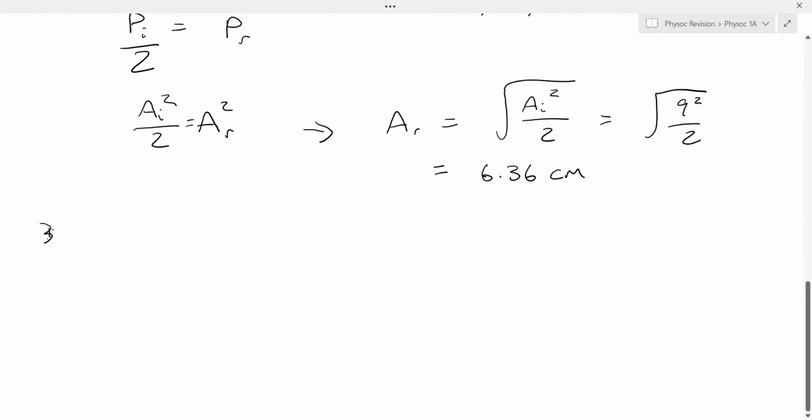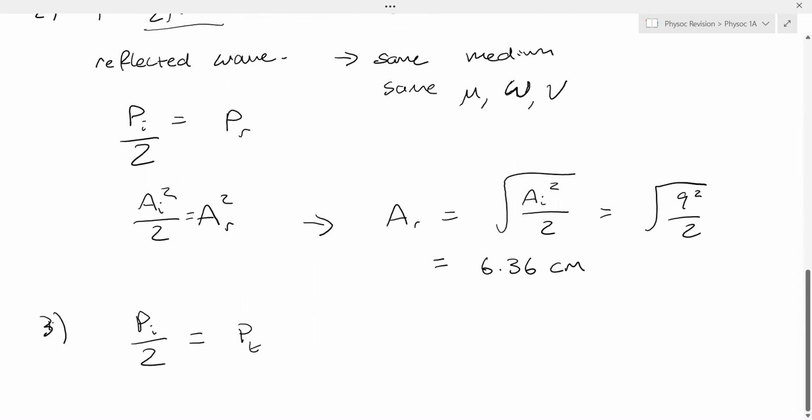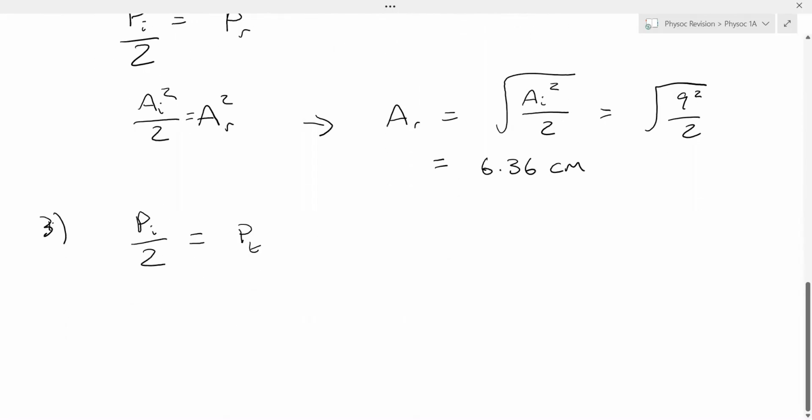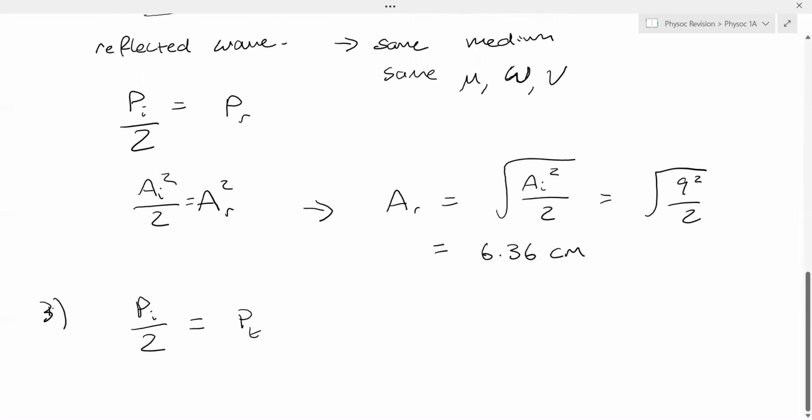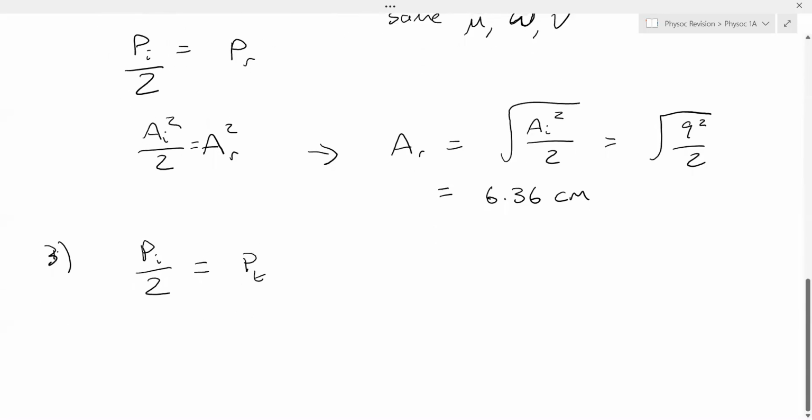So same deal as before, half of our initial power is equal to our transmitted power, but this time we have a different medium.